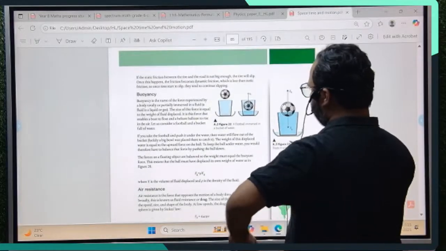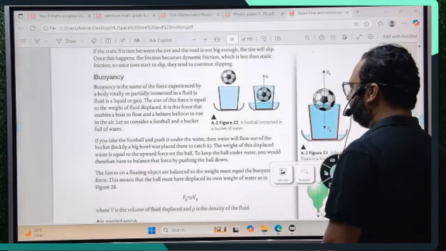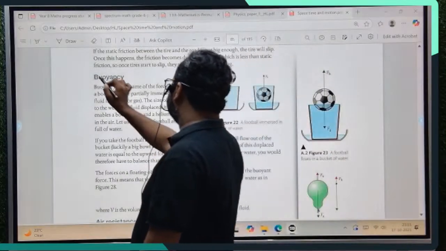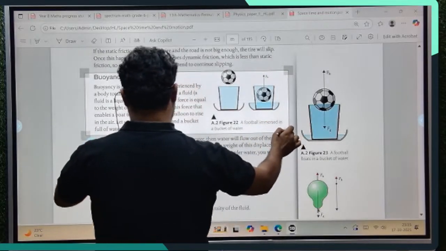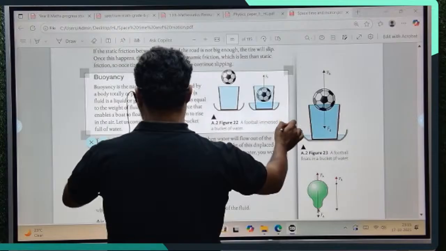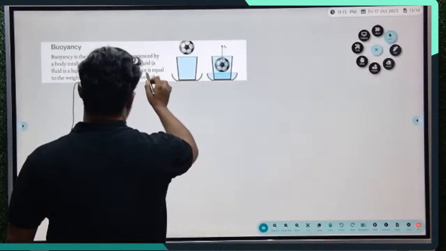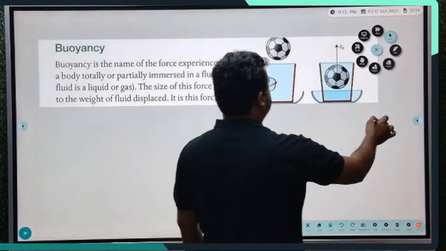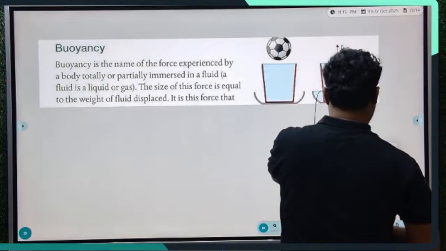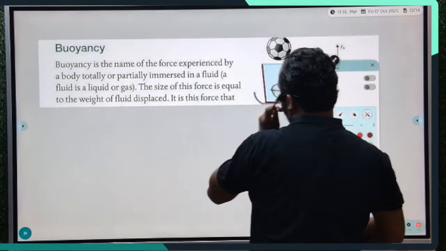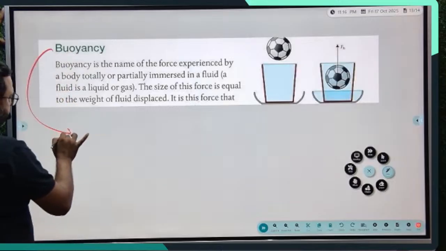Now the next article is called buoyancy. Buoyancy is basically an upward force.